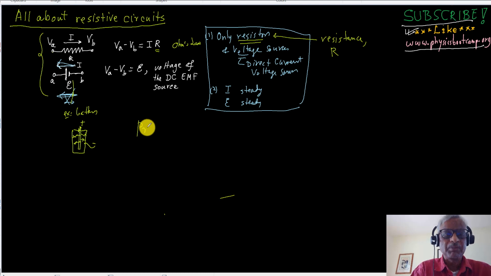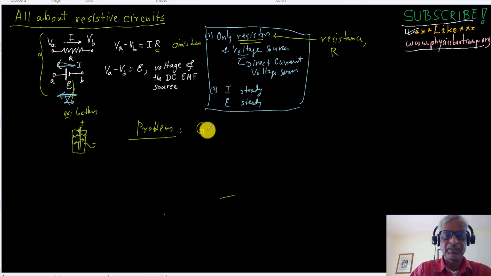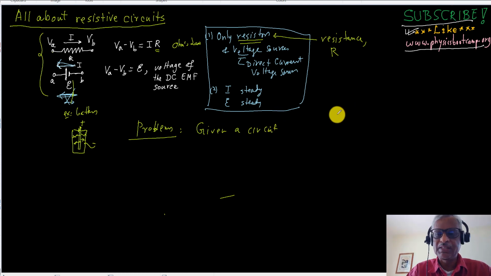So all the problems are given a circuit, for instance, like this circuit. You have R1 and R2.